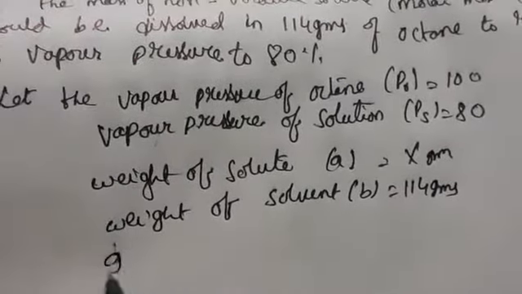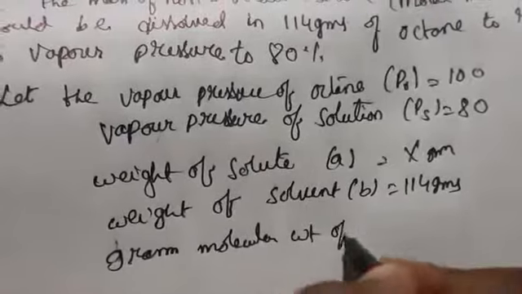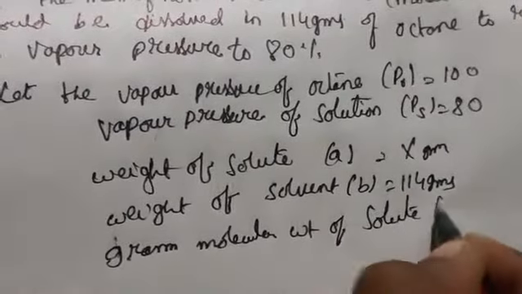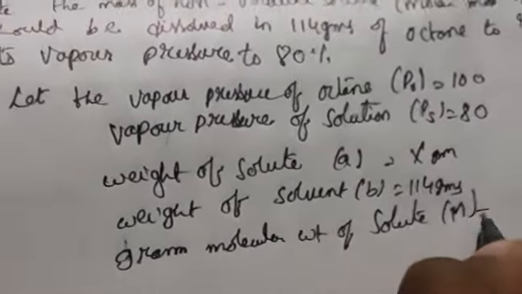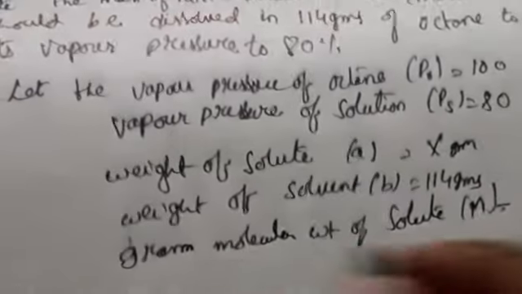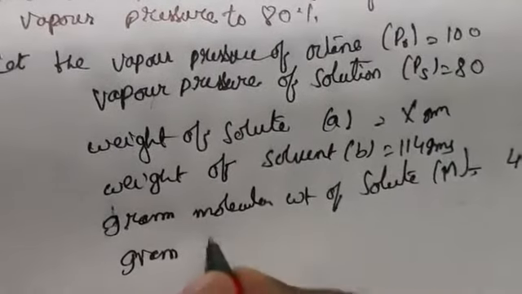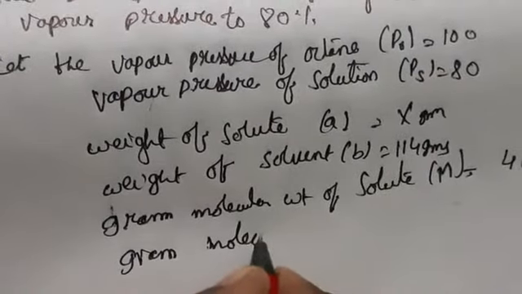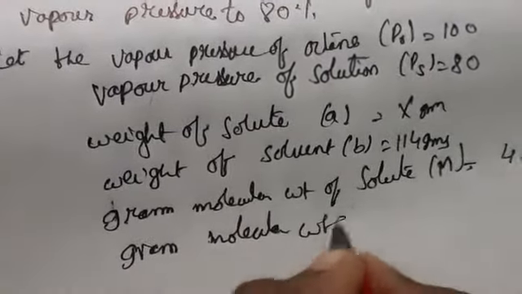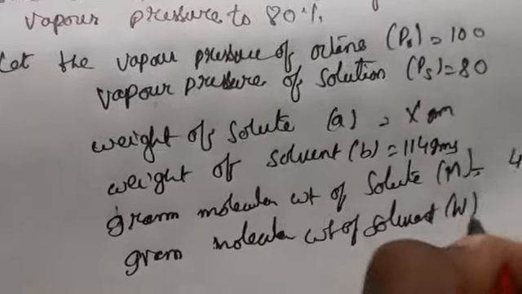Then gram molecular weight of solute, capital M, is equal to how much he has given? 40. Gram molecular weight of solvent, W, how much has he given? 114.